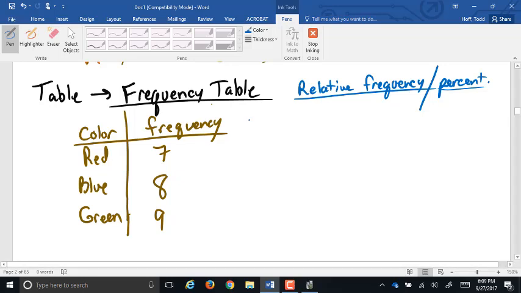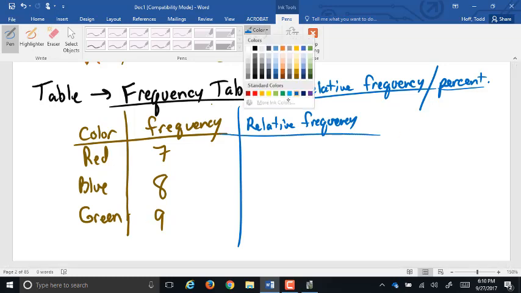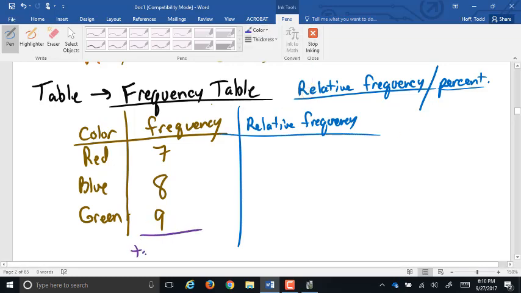To find the relative frequency, we first must find the total. Well, the total here is 24.